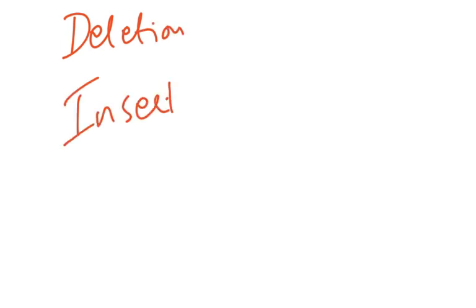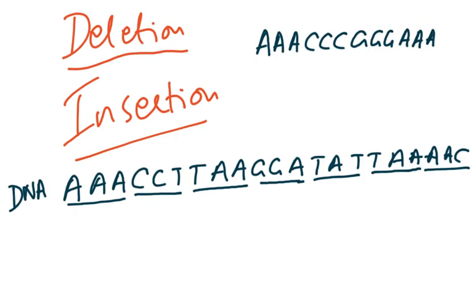Now both of these of course have more serious effects. In a deletion or an insertion you have major problems, because if a deletion occurs, that means one of these bases is removed.